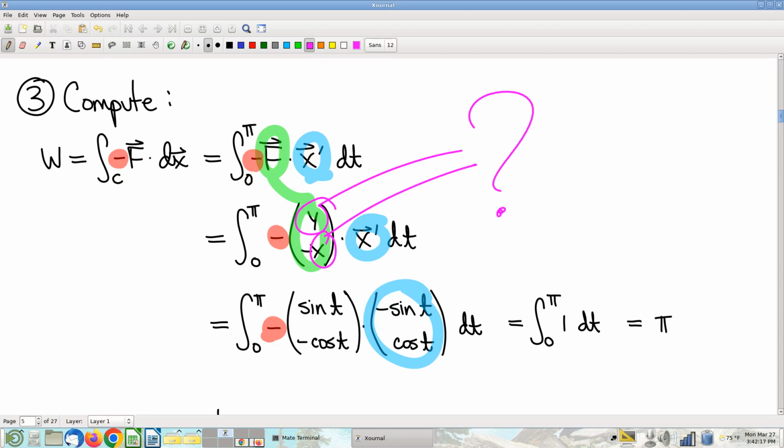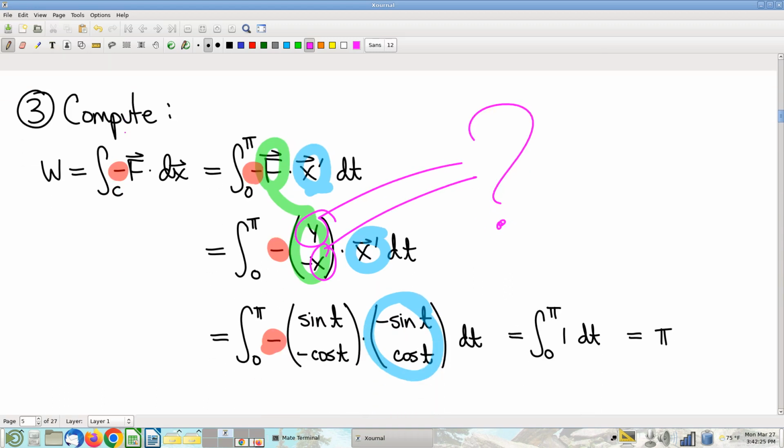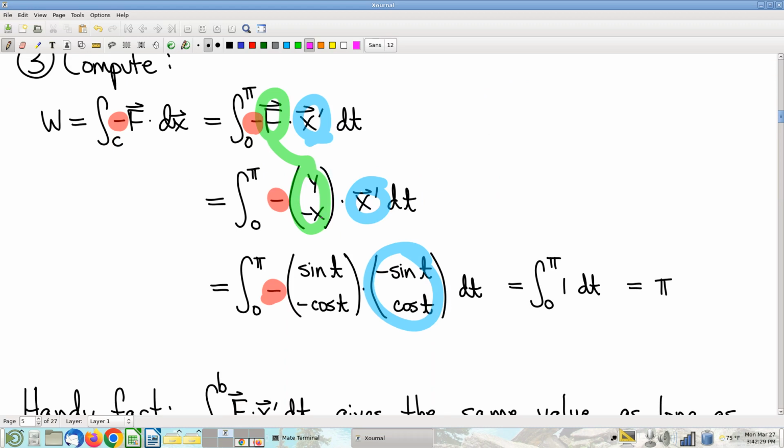You can see it right here in the formula for the parameterization. x is cosine t, y is sine t, and we can plug those directly in here. Everybody on board?